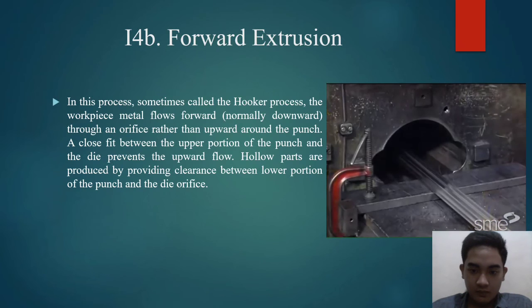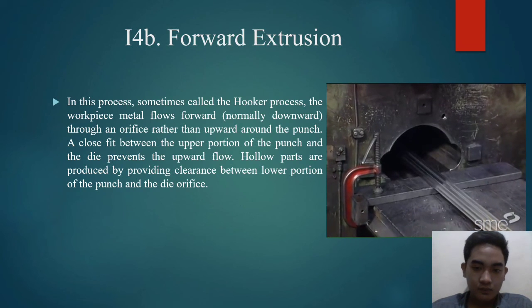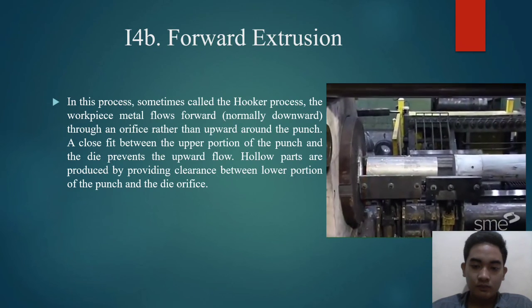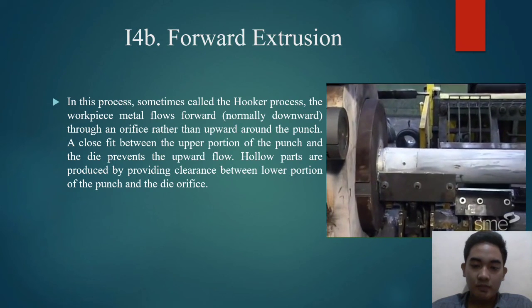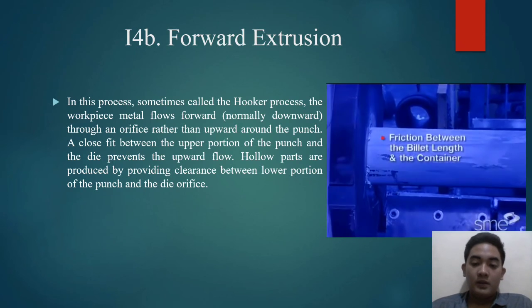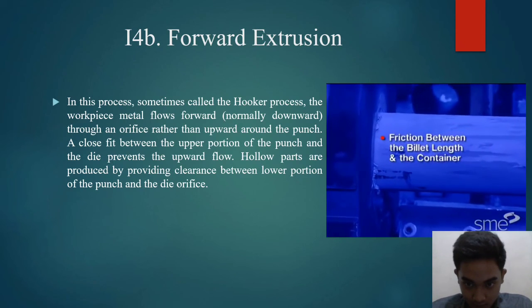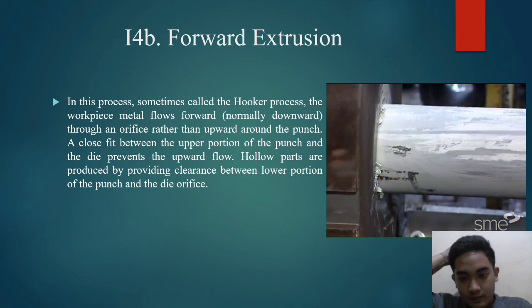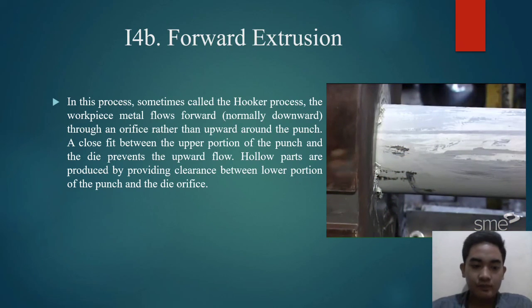Metal flow from the die is in the same direction as the forward motion of the ram. Since the surface of the billet length slides along the wall of the container, extrusion force depends on the friction between the billet length and the container and the material. The friction portion of the force can be reduced by using lubrication.